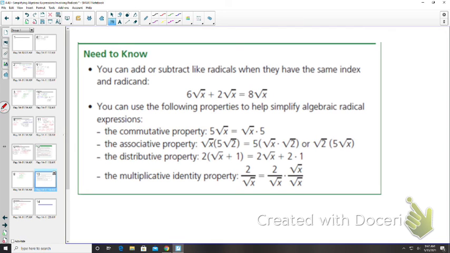Just a reminder, if we have the same radicand, the same value underneath the square root, we can add up the coefficients in front, okay? And we can simplify using multiple mathematical properties by distributing and also by, remember, rationalizing the denominator.